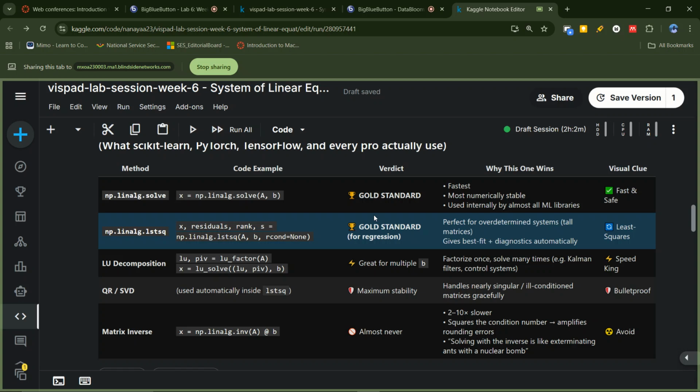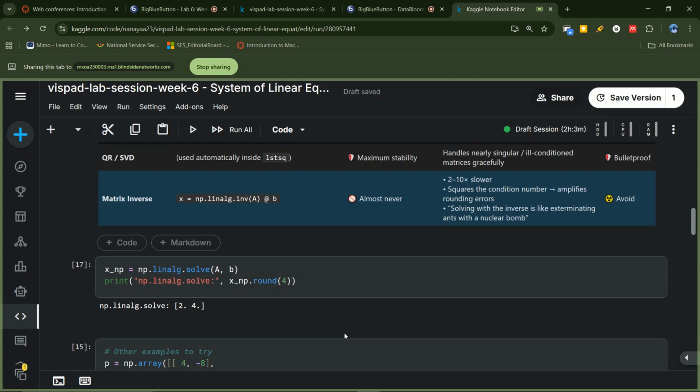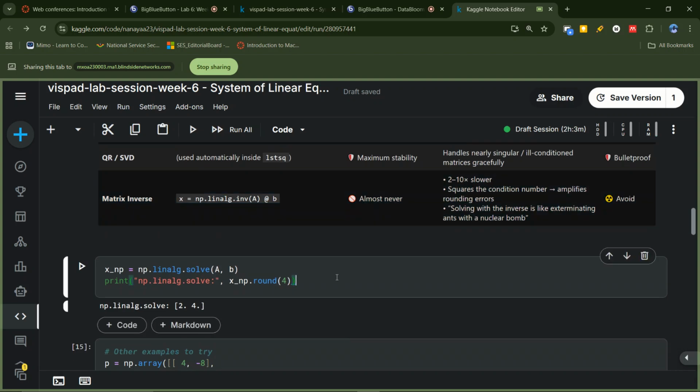There's a concept where we call model.fit in scikit-learn, or when you run a PyTorch linear layer, these algorithms run under the hood, but somehow this method never involves computing the matrix inverse. These algorithms use all these, but they never use the matrix inverse, even though we discovered from the very beginning that we can use the matrix inverse to find the unknowns. Let's move on to the next.